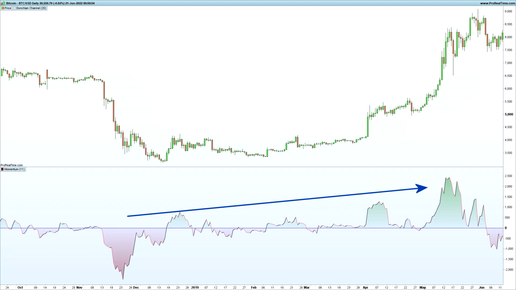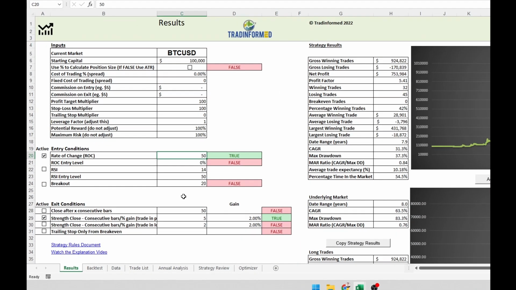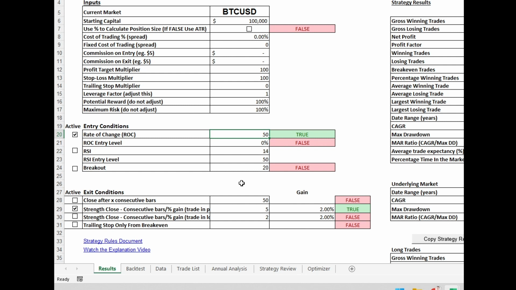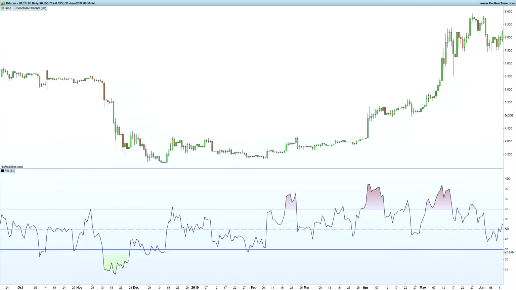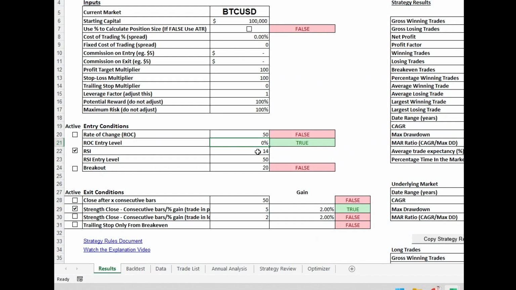So you can see here, I'm looking at the 50 period rate of change, and I am calculating this as a percentage. I'm also using RSI, Relative Strength Index, hugely popular momentum style oscillator. Initial settings here are the 14 periods. I'm also using what I've identified here as Breakout.